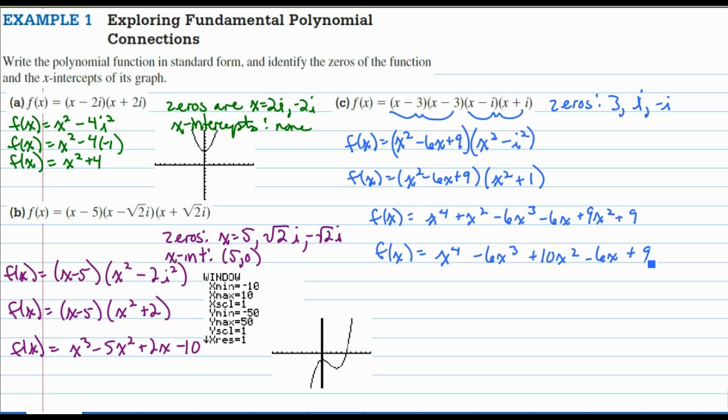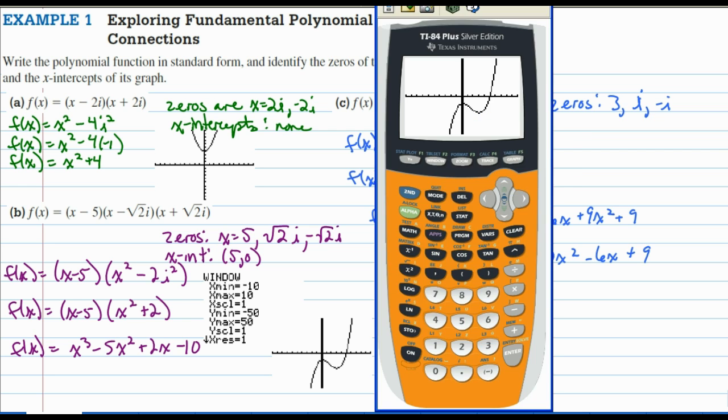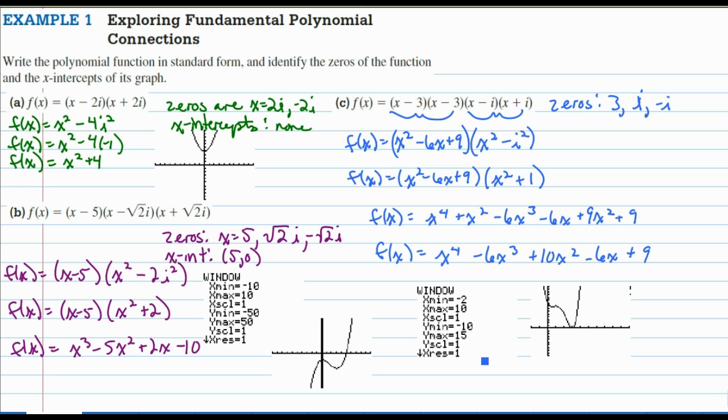So that's quite a mess, but hopefully when we graph it, it will only cross the x-axis at 3. It'll actually bounce off the x-axis at 3. It will have the same end behaviors. They will both be pointing up because we have a quartic function, even degree polynomial. So both the left and the right end behaviors will go to positive infinity. So after I found a good window with this graph and I look at it, it is still a quartic function.